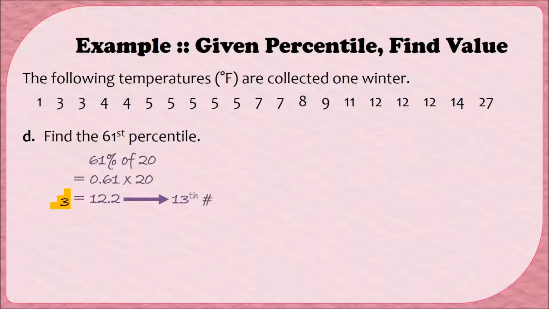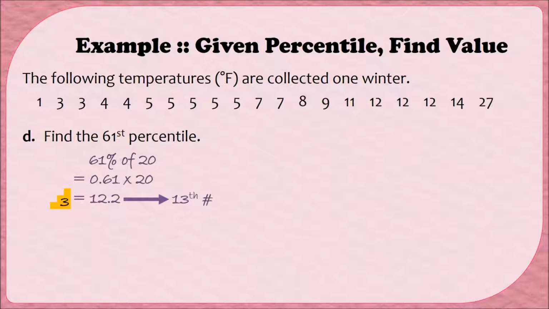I need to find the 13th number. Now, the reason that we have to do this rounding up is as follows. To find the 61st percentile, we need to ensure that we are greater than 61% of the values in our data set. Our location of 12.2 means that I have to be larger than the 12.2nd number.